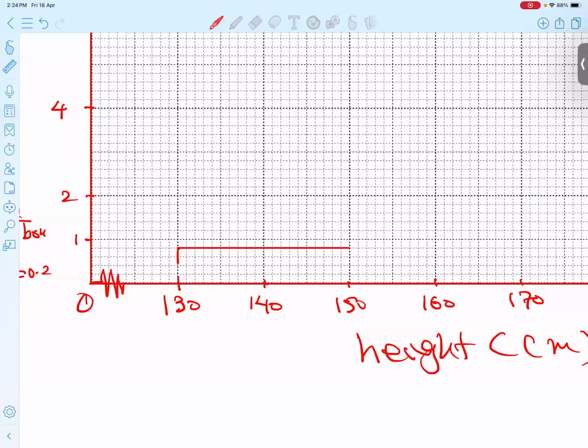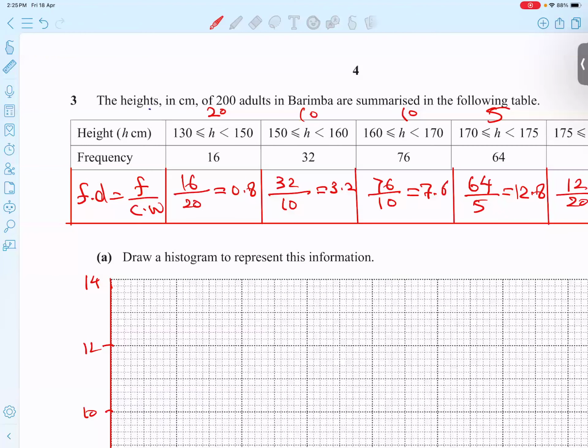Number 2 column is starting from 150, ending at 160, 3.2. Where is 3.2? Here 3 and 1 box above is 3.2. Shading, I repeat, is not compulsory, but do it, it's good for you.